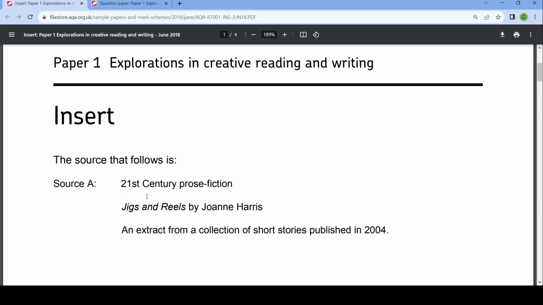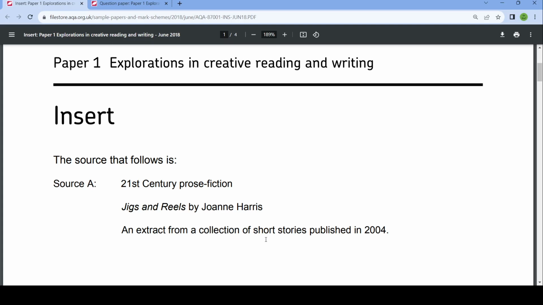So this is 21st Century Prose Fiction, Jigs and Reels by Joanne Harris, an extract from a collection of short stories published in 2004. So the fact that these are short stories, I think, is important. It will give you a clue how to approach the extract, how you approach a short story extract.